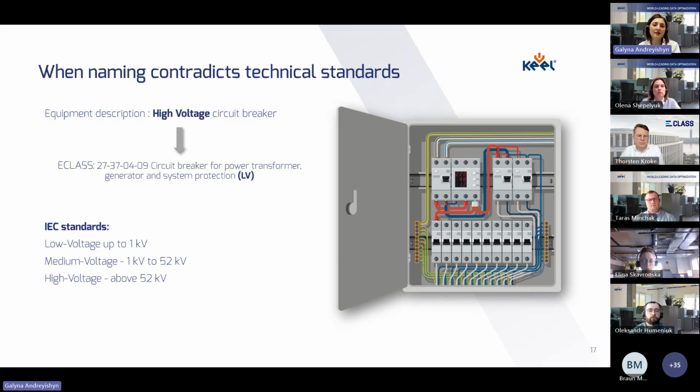So technically it is low voltage equipment. We double checked with the electrician and discovered that they use the term high voltage because the standard voltage in the USA is 110 volts. And since this equipment operates at 220 volts, they considered it high. So the naming was based on local perception, not on technical standards.